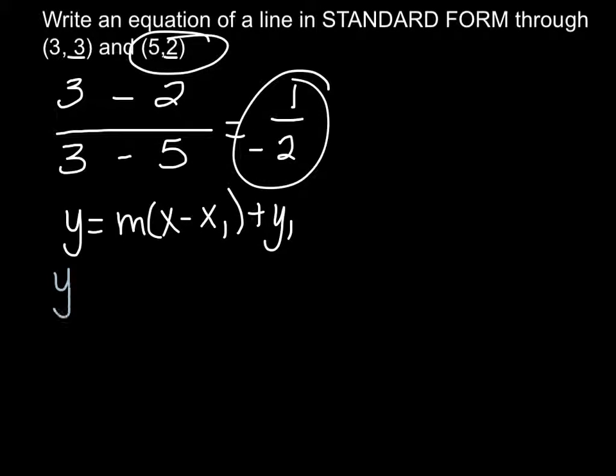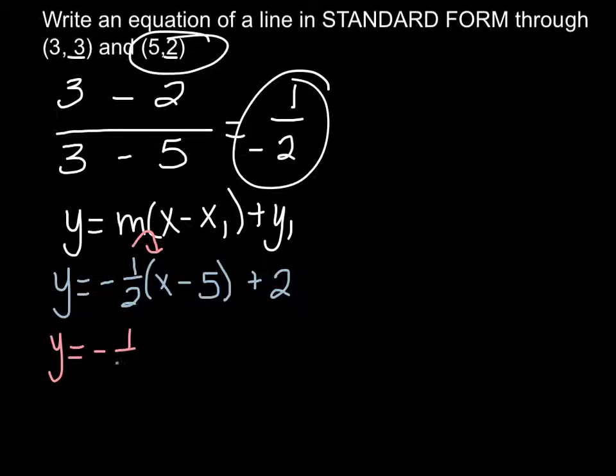So y equals negative 1/2 x, and the opposite of the x, and then the y goes on the outside. So let's distribute through. So I have y equals negative 1/2 x plus 5/2 plus 2.